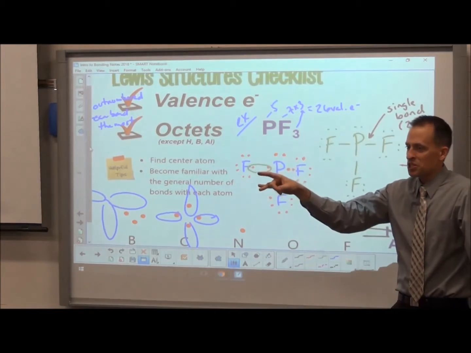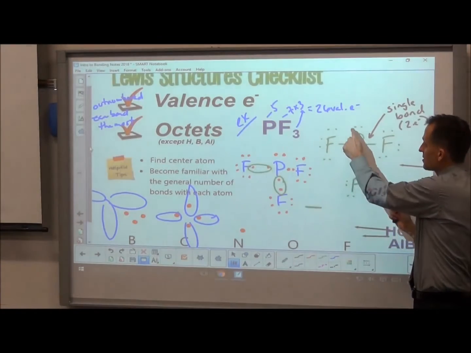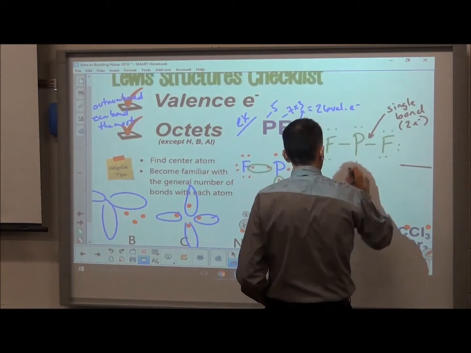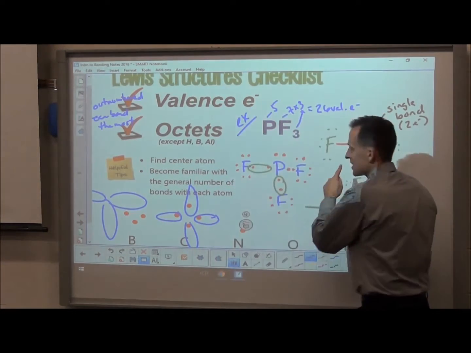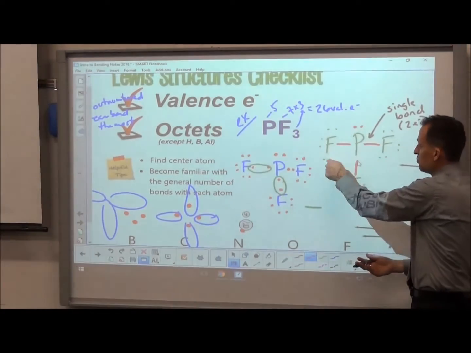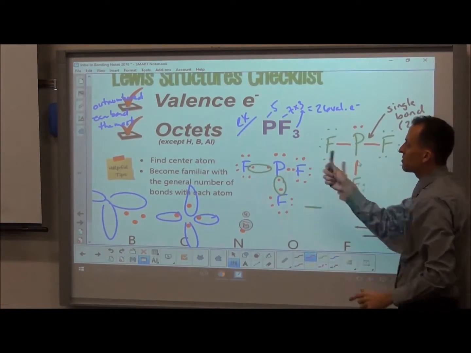But if you're sharing, in theory, you both have access to it. So this P right now has 2, 4. I'll change the color. This phosphorus still has access to all of these. So that's 2, 4, 6, 8. So everything has an octet.